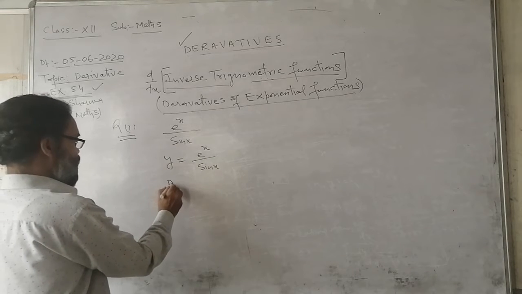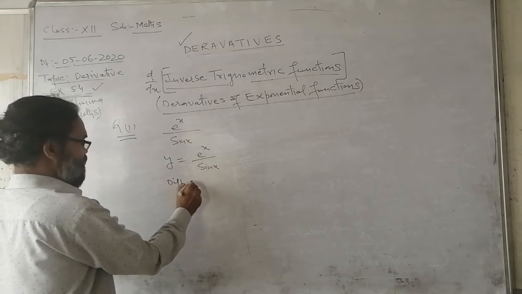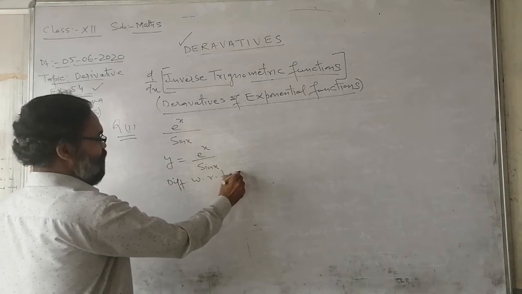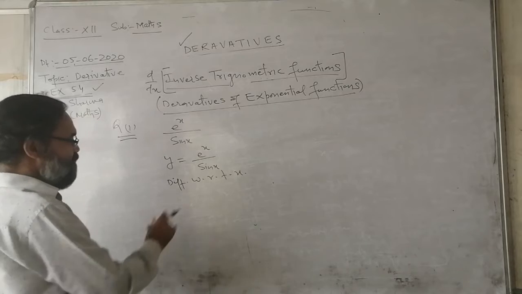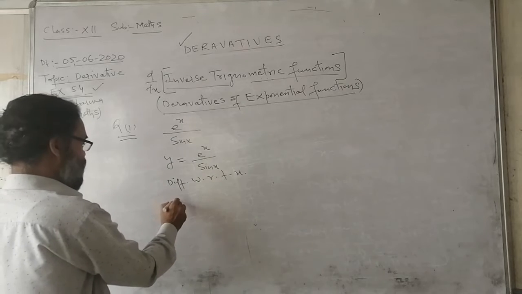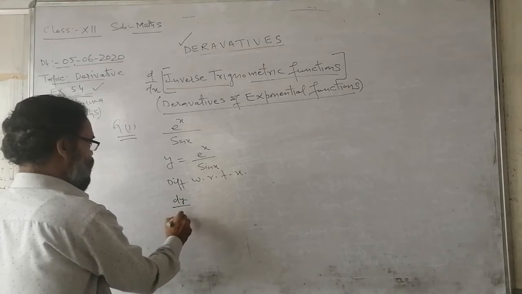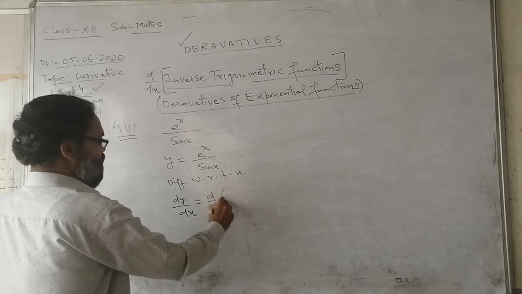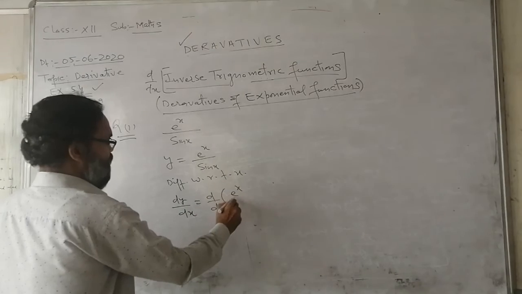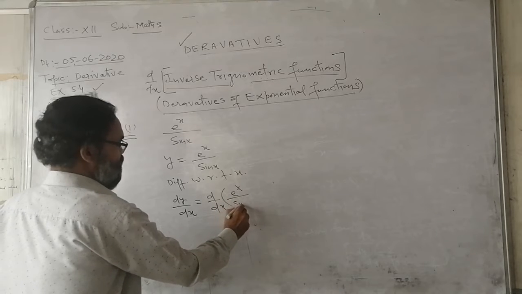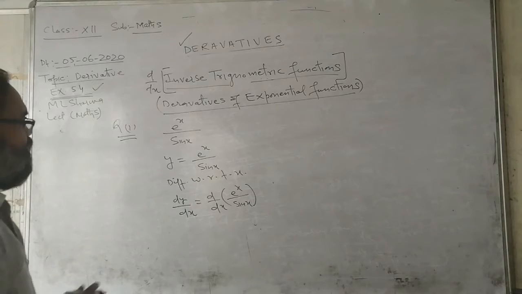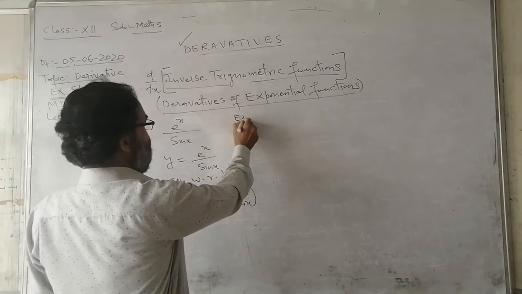If I differentiate with respect to x on both sides, I will get dy upon dx equal to d upon dx of e power x upon sin x. Now this e is a constant, the Euler constant.